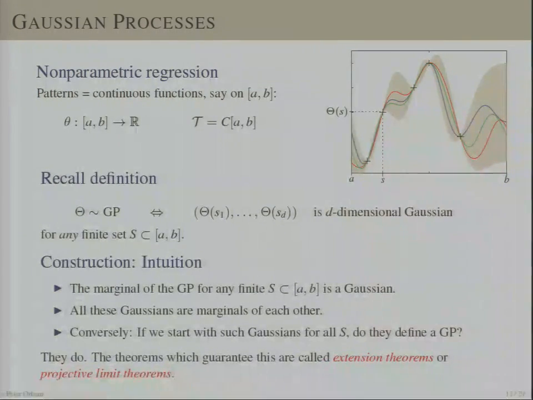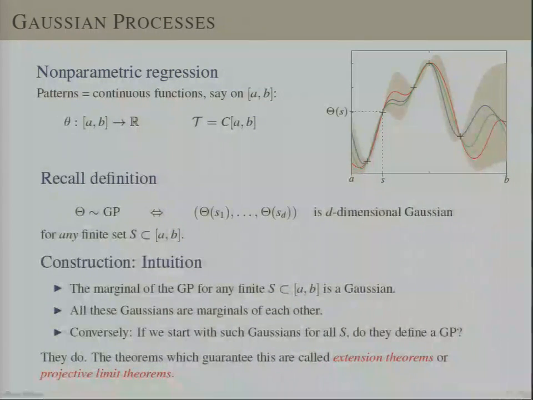Yeah? Okay. Now, this is a definition, and John said already this morning that the fact that this object exists is not a triviality. It's not by any means clear that this object should exist. But the intuition behind this construction, or behind the results which guarantee that this actually works, is the following. If you imagine we start from a Gaussian process like this, and we look at these possible distributions that we get for different sets of points here, then these distributions are all related to each other in some way, right?